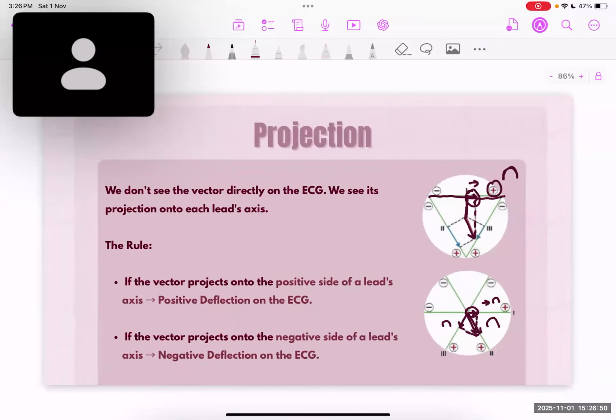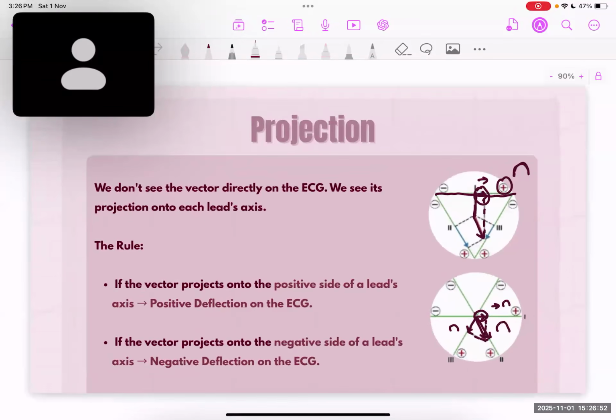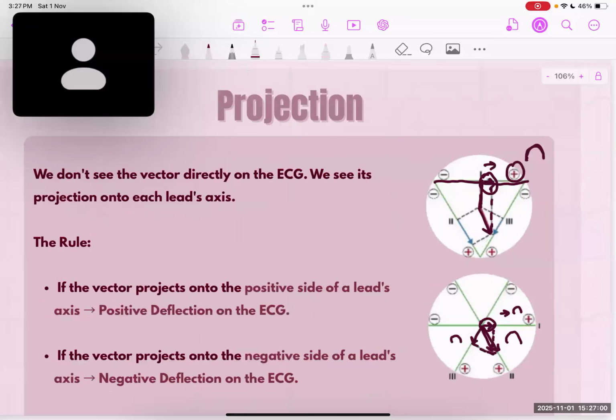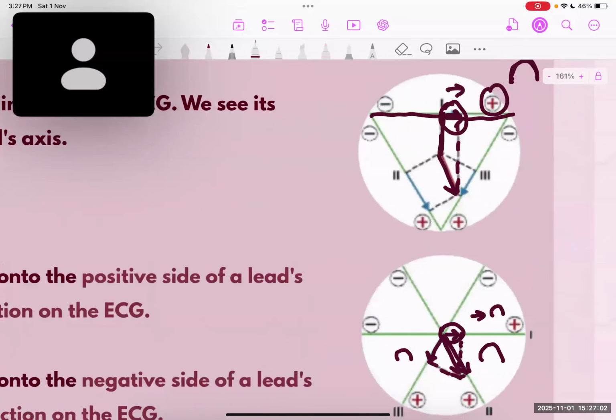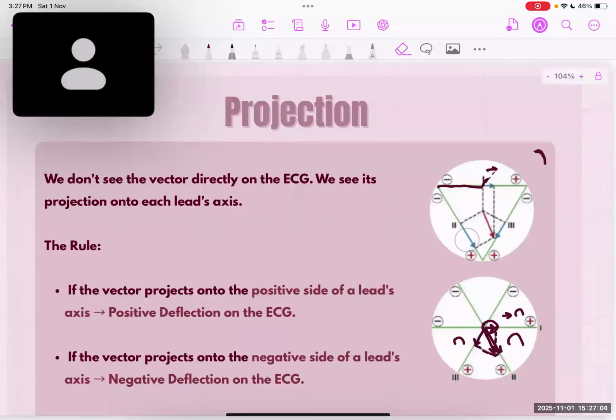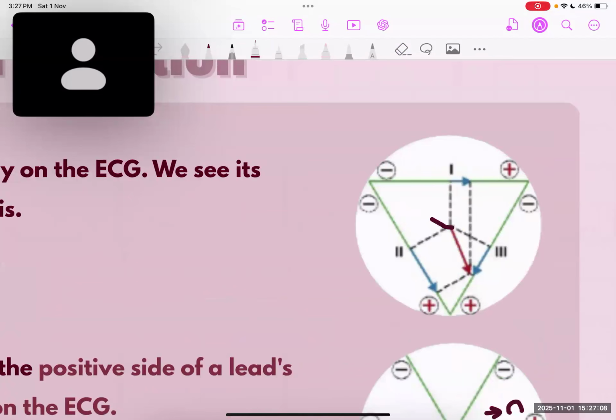Now, a basic rule is that if the vector projects on the positive side of the lead, you get a positive deflection on the ECG. And if the vector projects onto the negative side, how does it determine the deflection? Let me just erase this for you. Let's say our arrow was more something like this, and our mean axis is here, and you join the perpendicular lines.